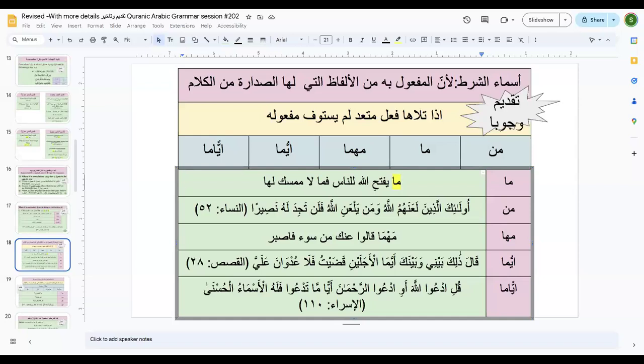Okay. The next example is mahma qalu. Whatever they say, anka about you, min su'in, in terms of evil. Whatever evil they talk about you, fasbir, then you be patient.